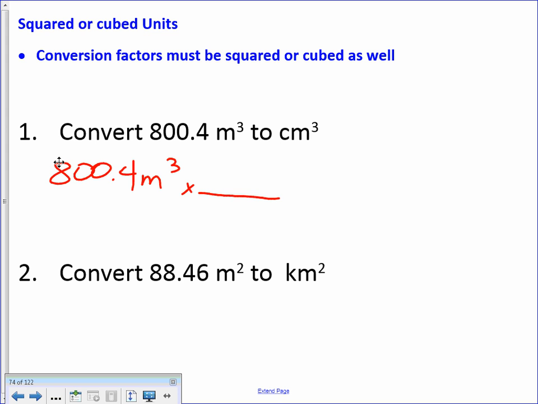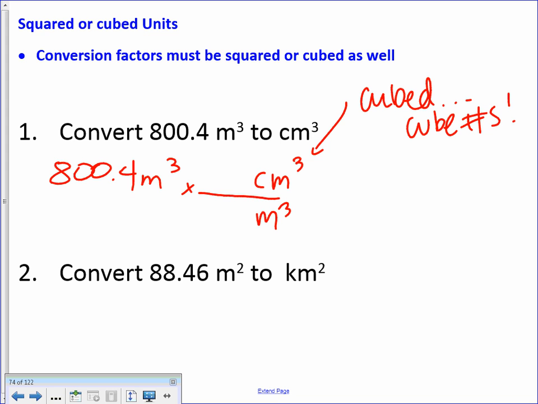and then go ahead and write out your units like we had been doing. So what do I put on the bottom? Meters cubed, and top? Centimeters cubed. If I see the cube, you have to cube the numbers as well. So the 1, which we said was 1 meter, gets cubed, and the 100 centimeters is also going to get cubed.